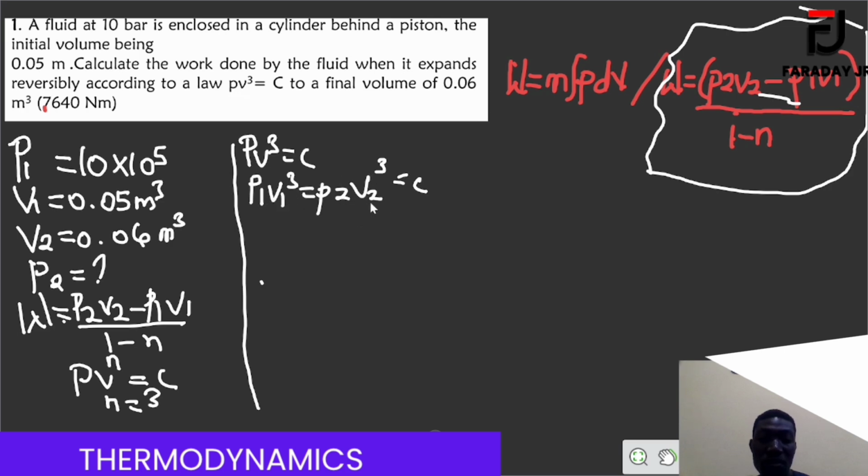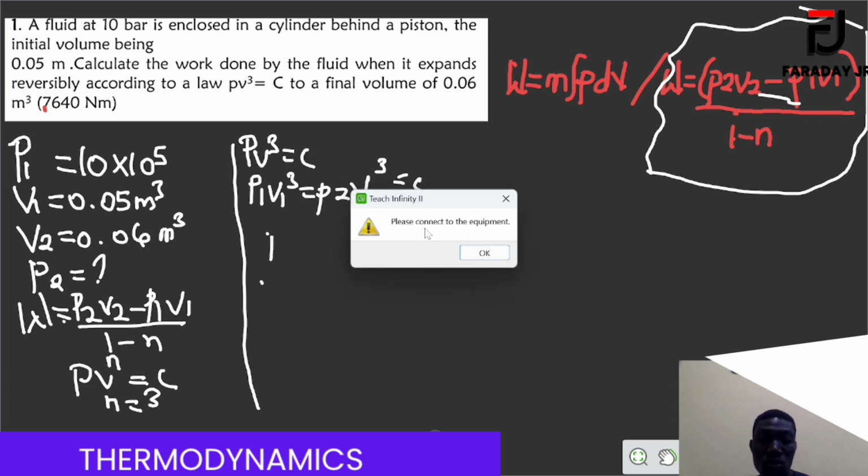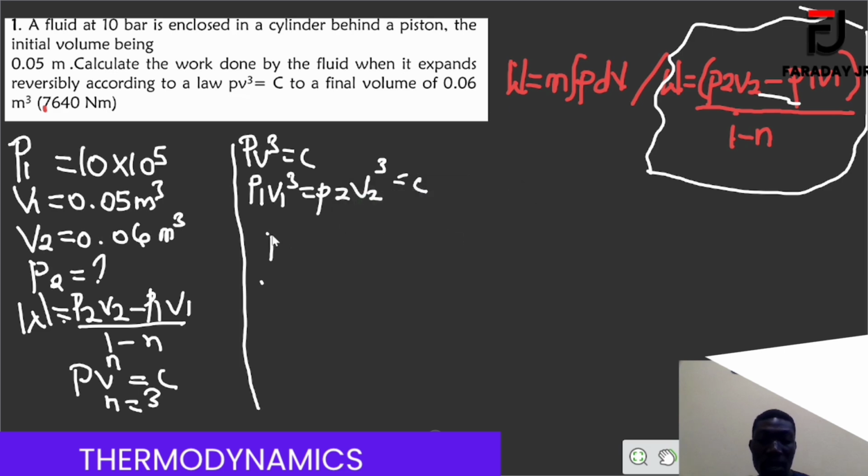No. So I need to look for my P2. So I have P2 V2 cubed is equal to P1 V1 cubed.